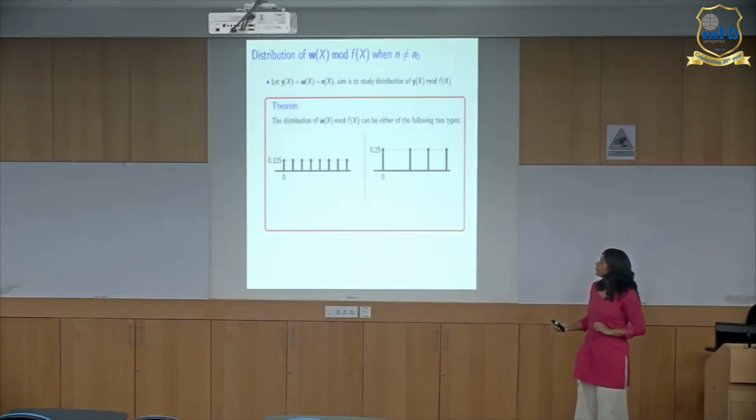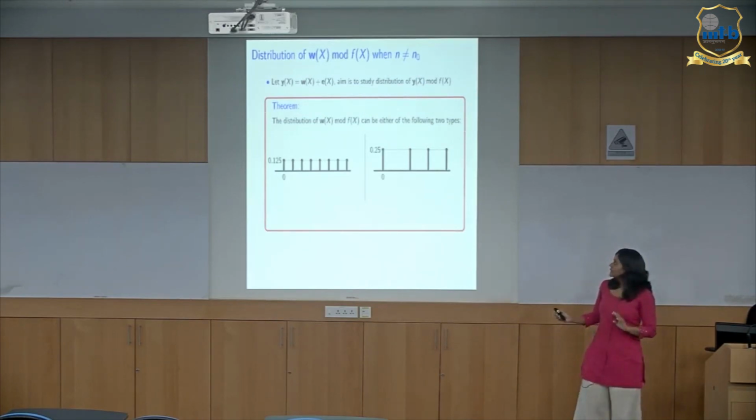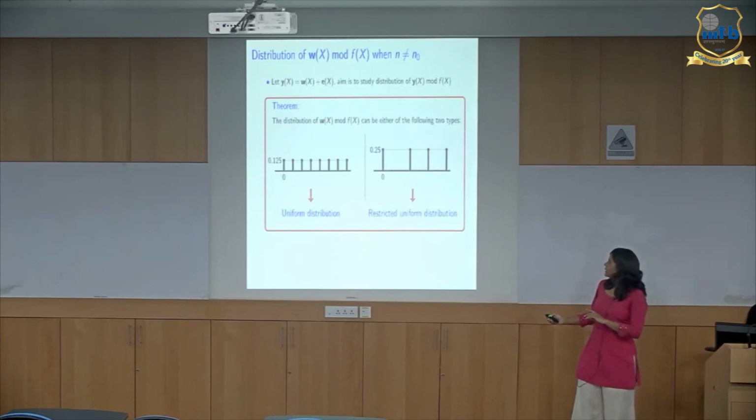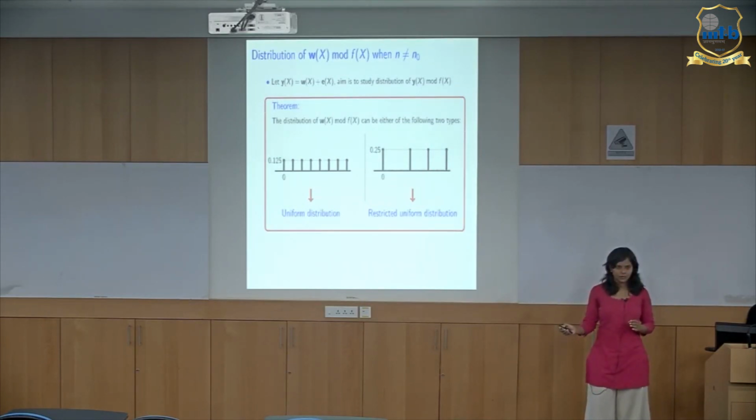Now, we prove that whenever my assumed length is not correct, the distribution of this noise-free syndrome can either be uniform or it can be restricted uniform. Note that this distribution is again uniform, but some of the syndrome entries are missing, hence we call it restricted uniform.